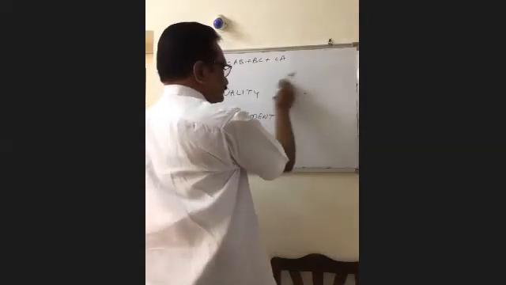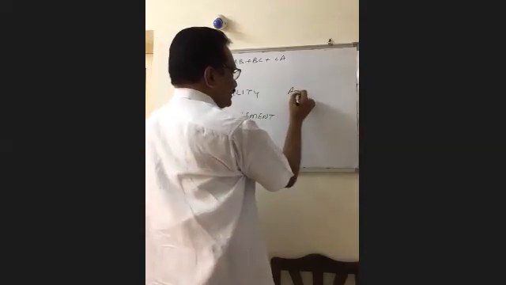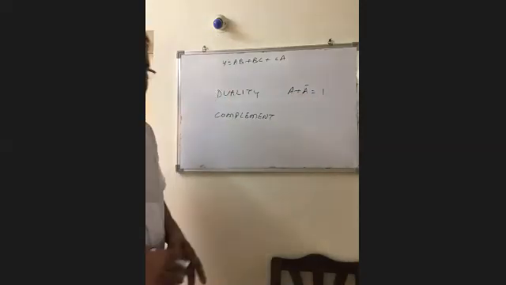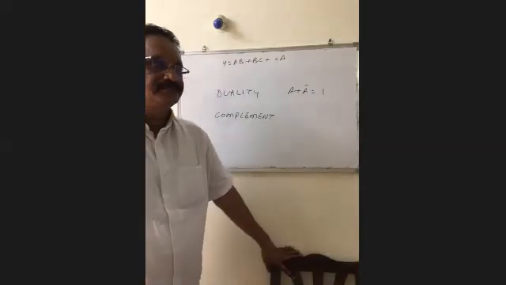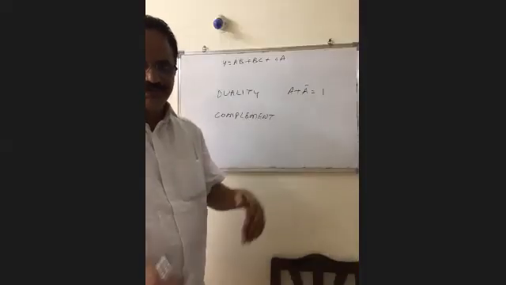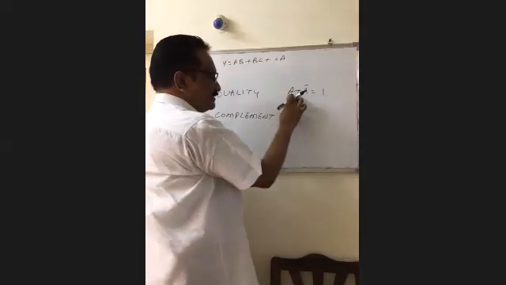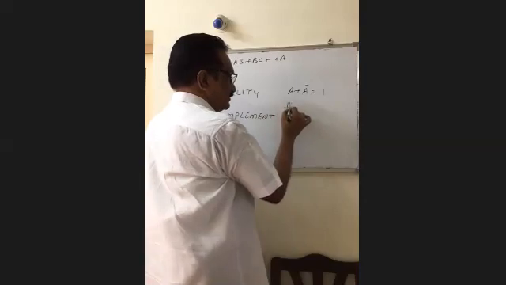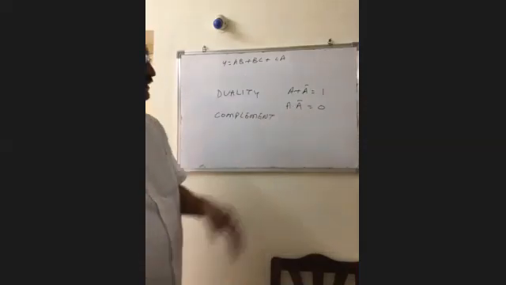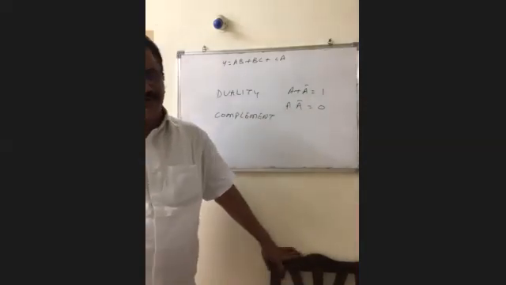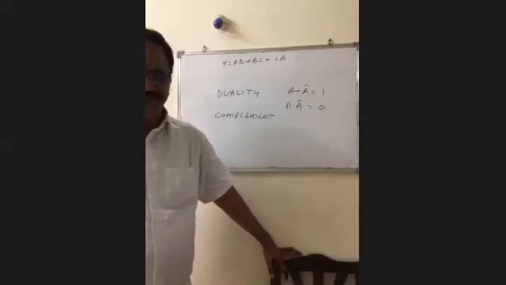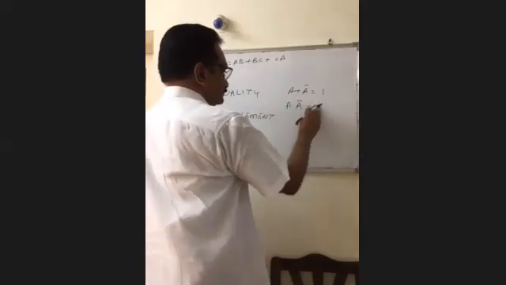Similarly, A plus A bar is equal to 1. What is the name of that law? Complement law. What is the dual for that one? Replace the plus symbol with a dot symbol. So A into A bar equals 0. That is also a complement law.